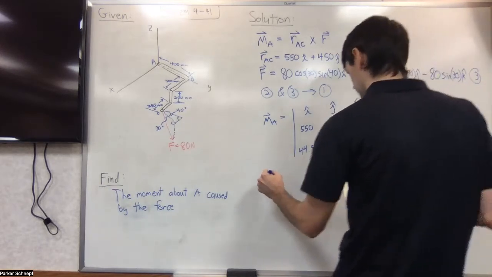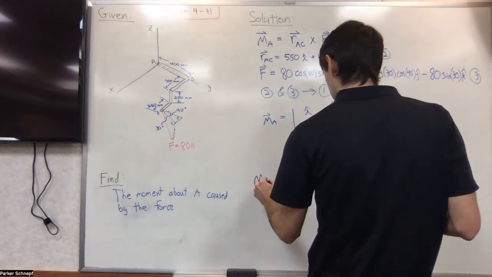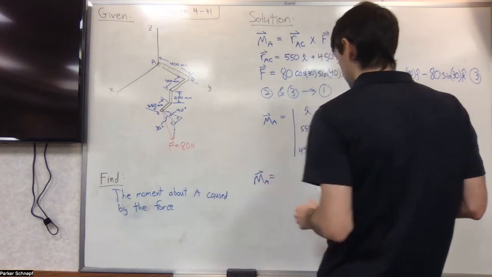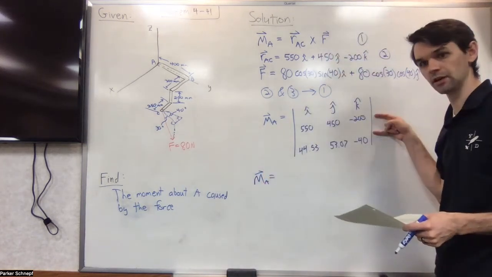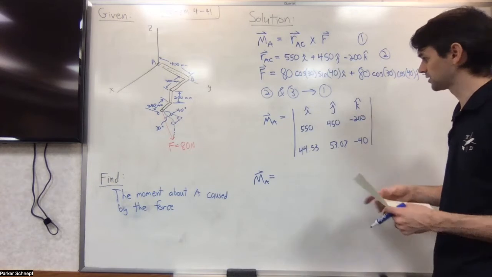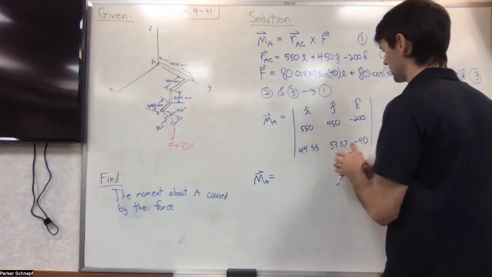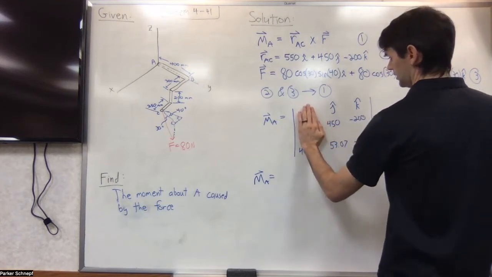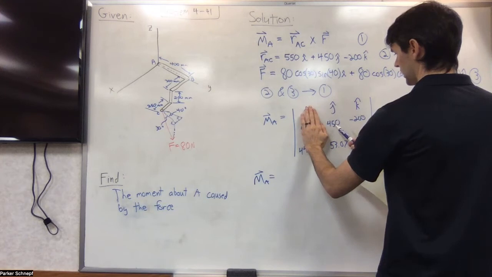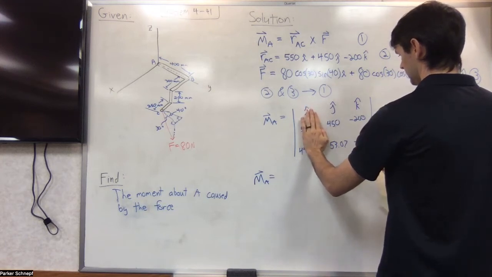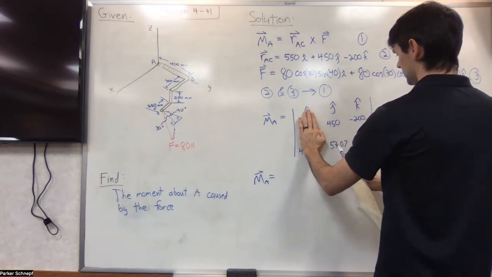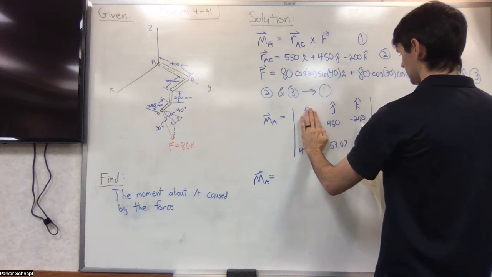So when we solve this by hand, the cross product always yields a vector answer. For the X component, I'm going to cover up the column with the I in it. I'm going to multiply 450 here by negative 40 here, and then subtract the product of 53.07 and minus 200.